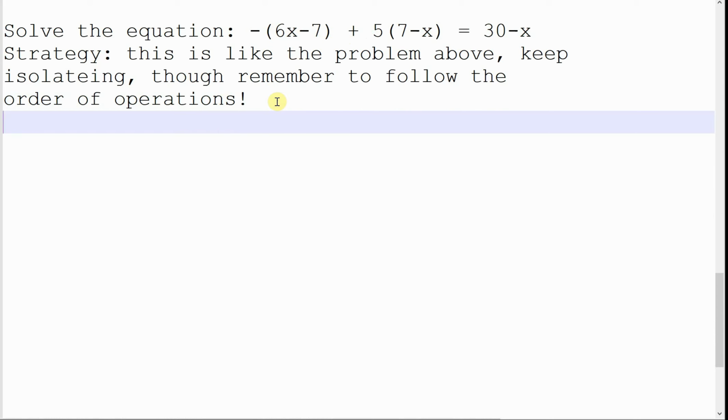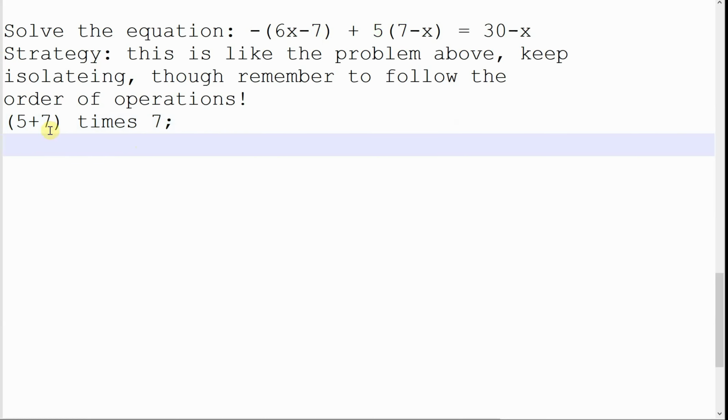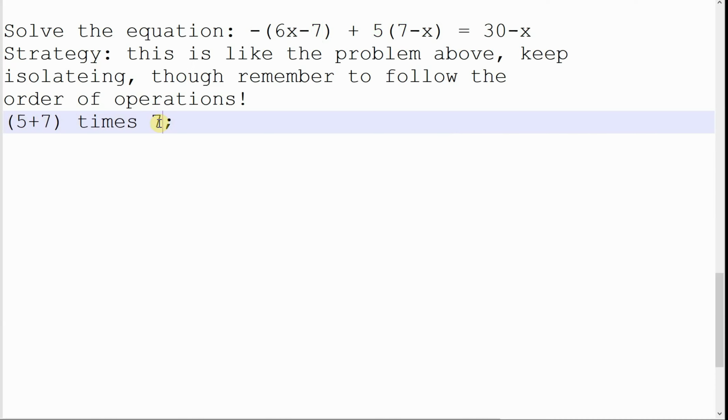The distributive property says that if you have 5 plus 7 times, let's say, 7, it counts on the 5 times the 7 over here, plus the 7 times the 7 over here.